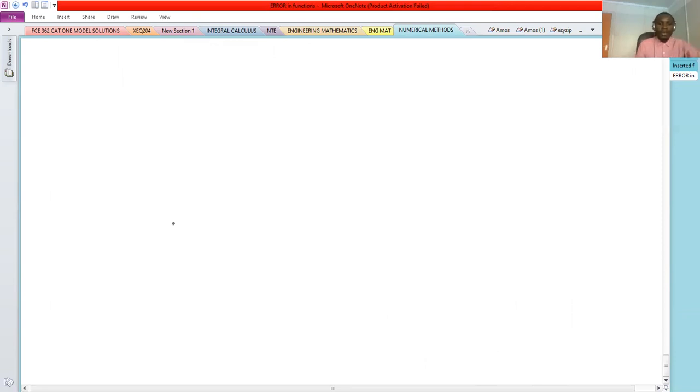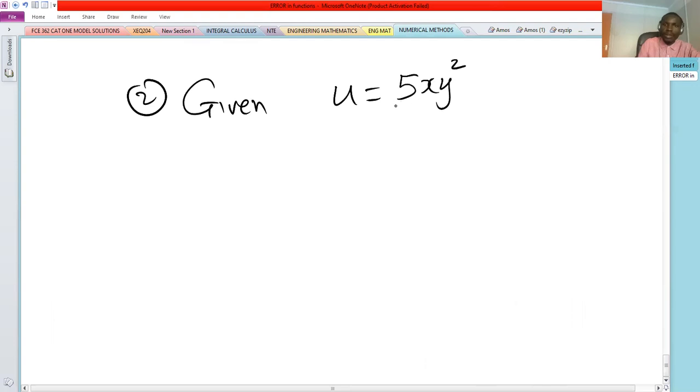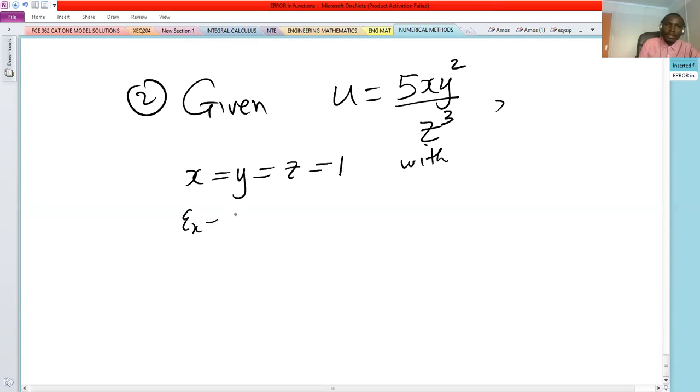So quickly, another one. This is problem number 2. Given that we have another function u given by 5xy squared over z to the power 3, and then x equals y equals z equals 1, with error in x equals error in y equals error in z equals 0.001, find the error in u.